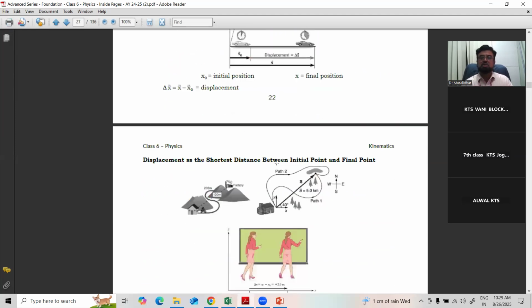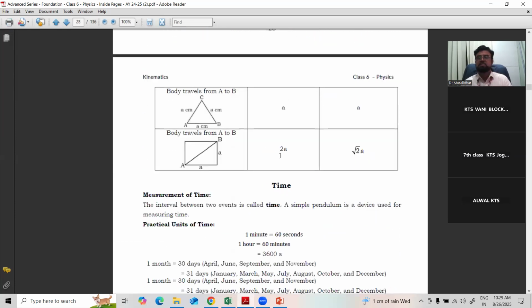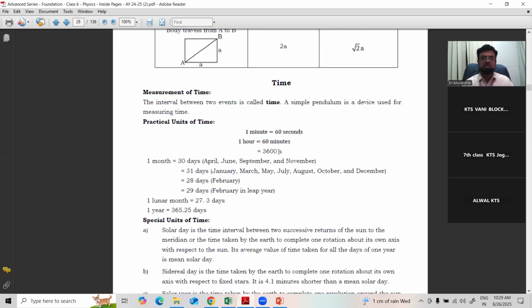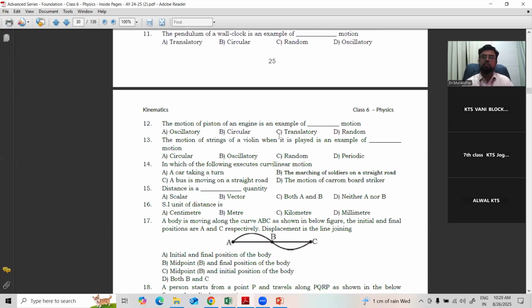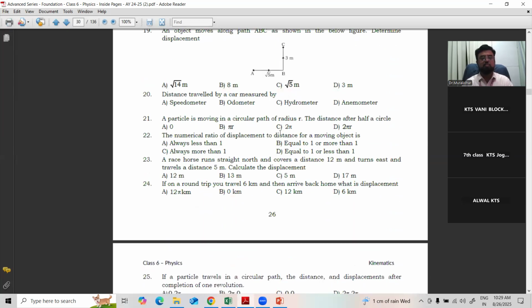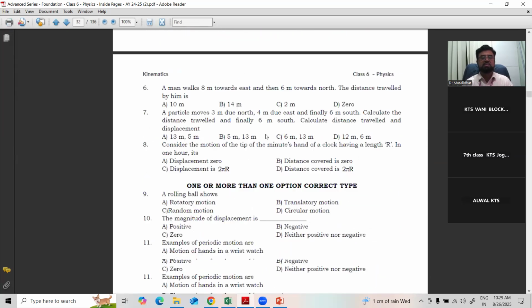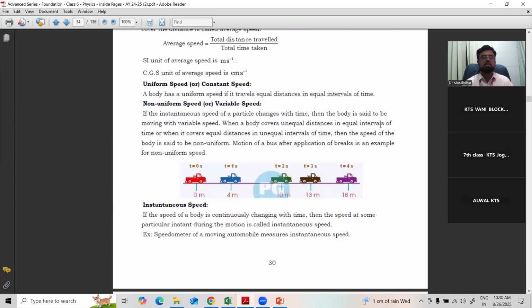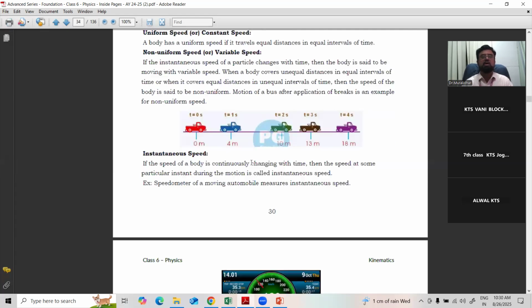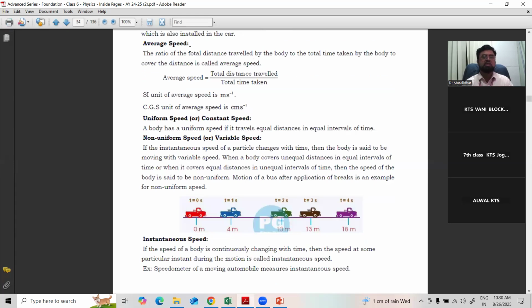We have seen the difference also. Then what is time? How to measure the time? Because whether the body is moving or at rest, time keeps on moving. Then today we started with speed, velocity, acceleration and retardation. Right? So with this you are done with the entire chapter of kinematics, the second chapter. So next class when we meet, we'll continue with the third chapter, Newton's laws. Right?